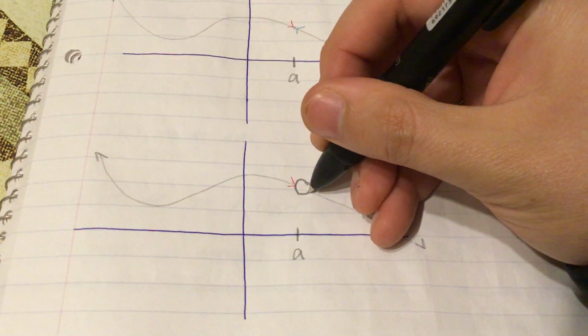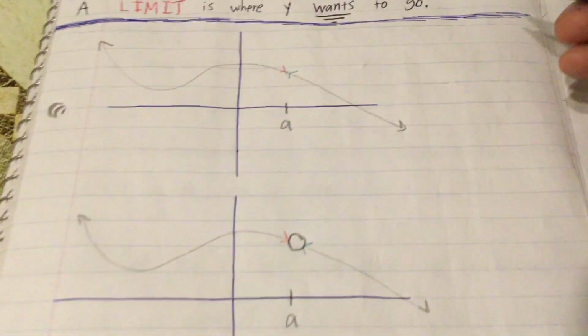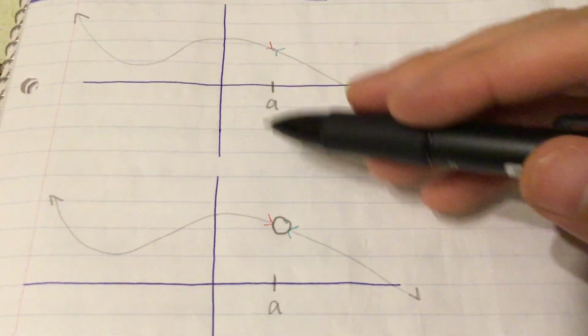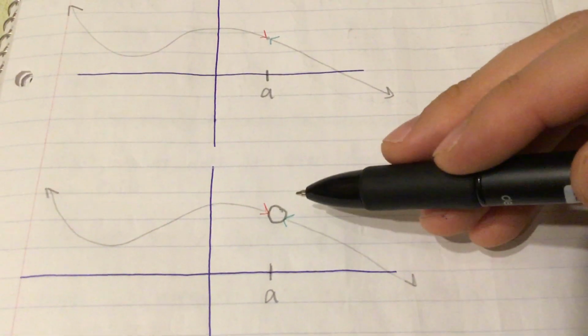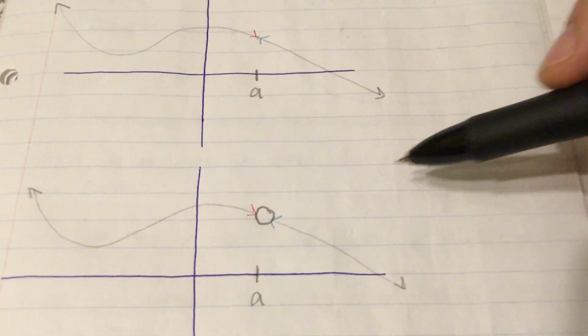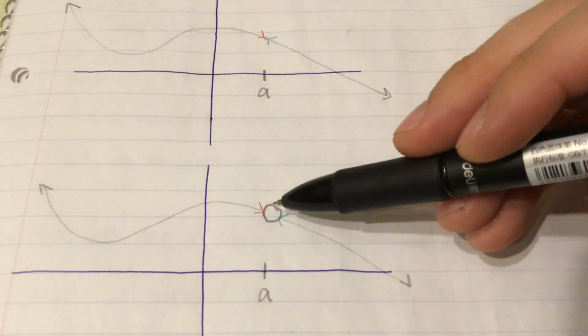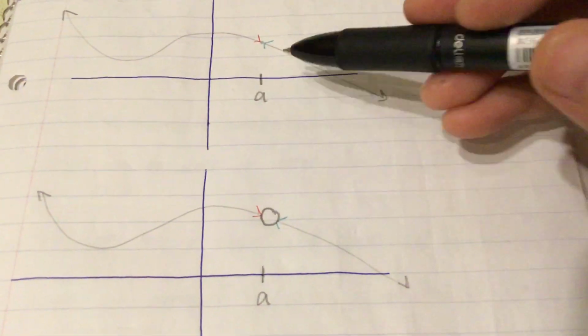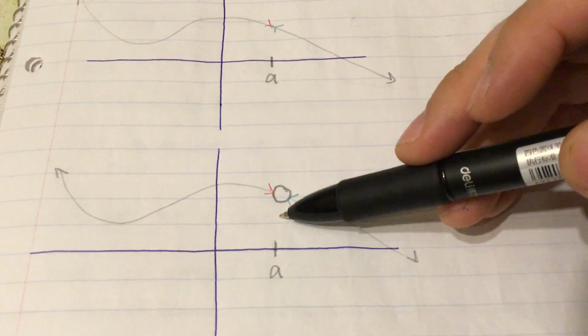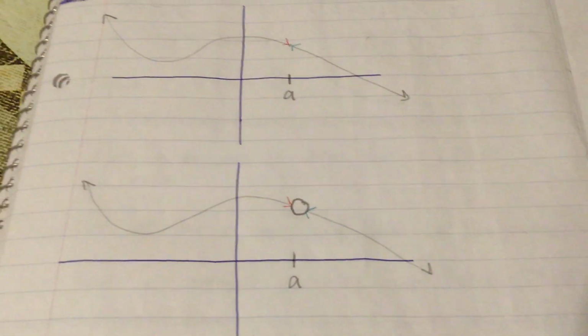Once again, a limit doesn't care whether the point actually exists or not, because in this diagram, the point exists. In the other diagram, the point does not exist, and yet the limits are identical. They still meet at the same spot. But in this diagram, x equals a is legal, whereas x equals a over here is 0 over 0.